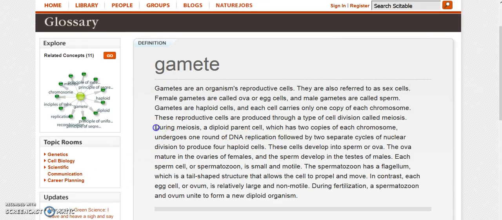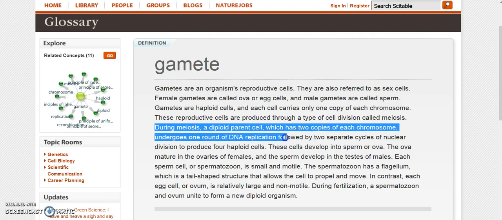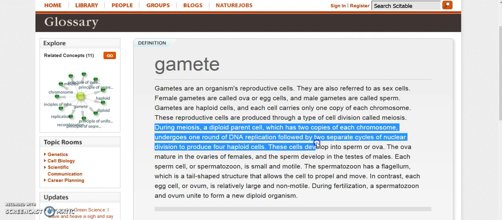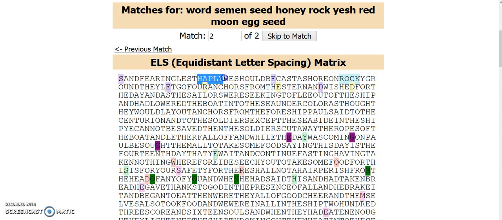You can see that here. It says during meiosis, a diploid cell, which has 2 copies of each chromosome, undergoes 1 round of DNA replication followed by 2 separate cycles of nuclear division to produce 4 haploid cells. And so right here where you have the word happily is where you have the mention of 4 anchors that were let go from the ship.